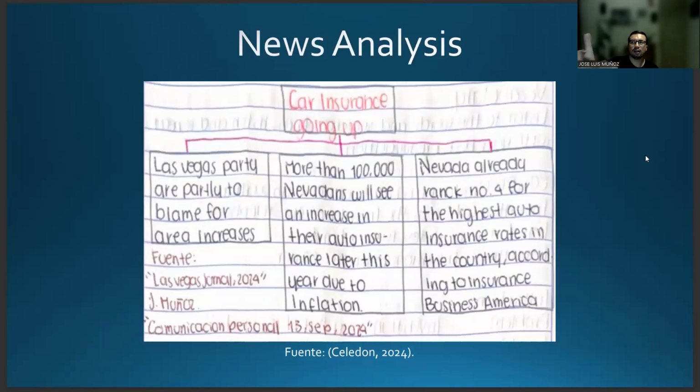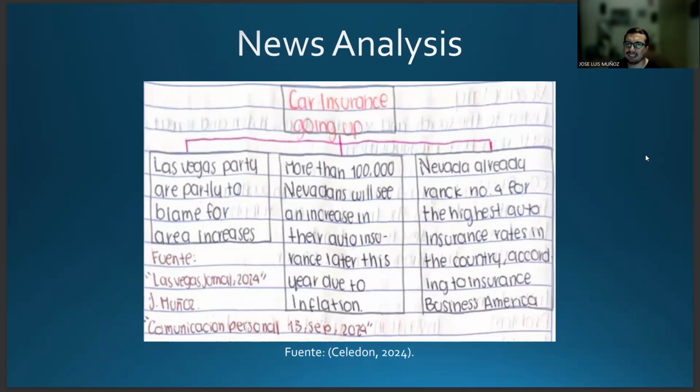Also, I recommend you read books, but also newspapers. Here you have the Las Vegas Journal. In this occasion, we're talking about car insurance going up.